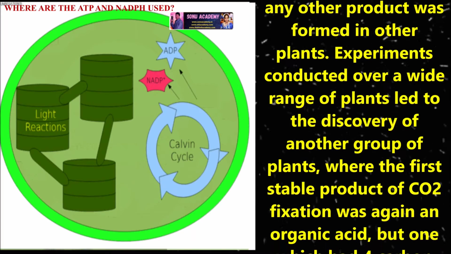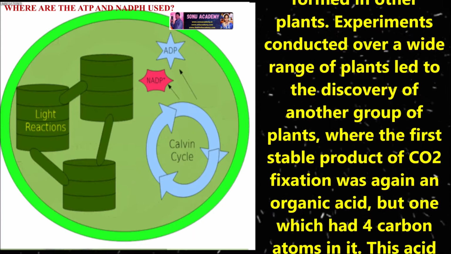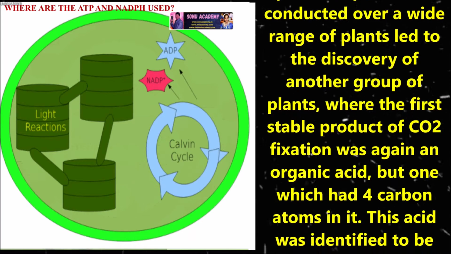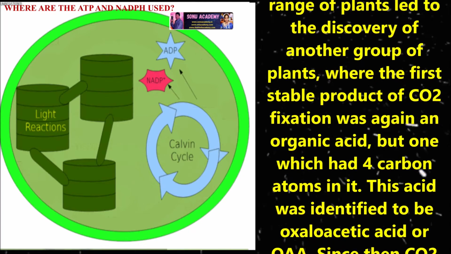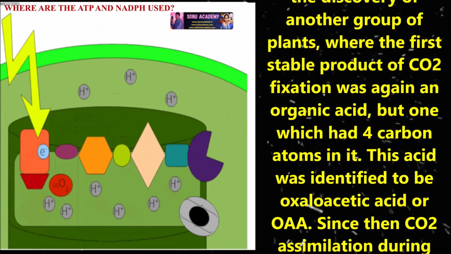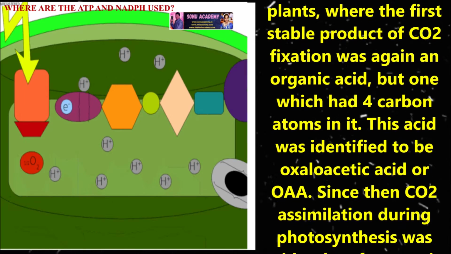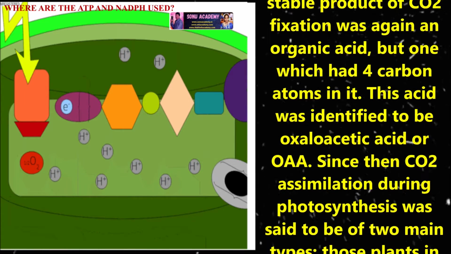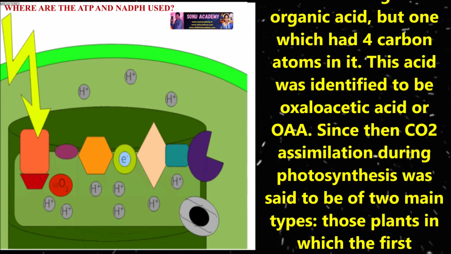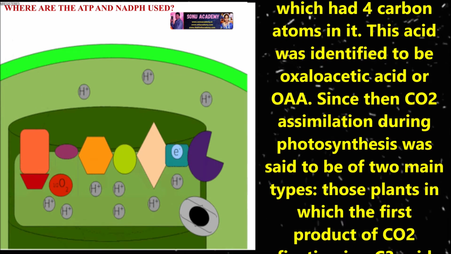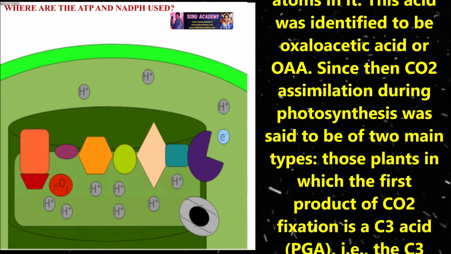Experiments conducted over a wide range of plants led to the discovery of another group of plants, where the first stable product of CO2 fixation was again an organic acid, but one which had 4 carbon atoms in it. This acid was identified to be oxaloacetic acid, or OAA.